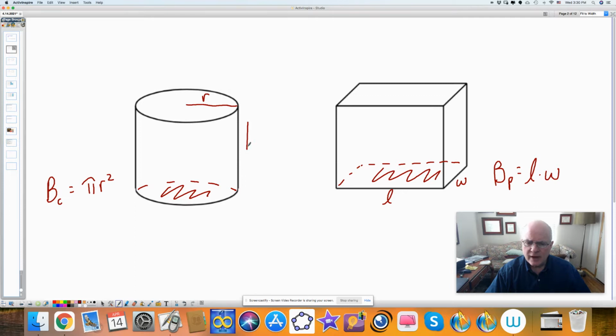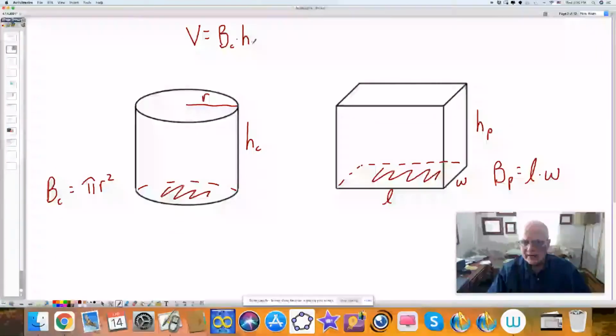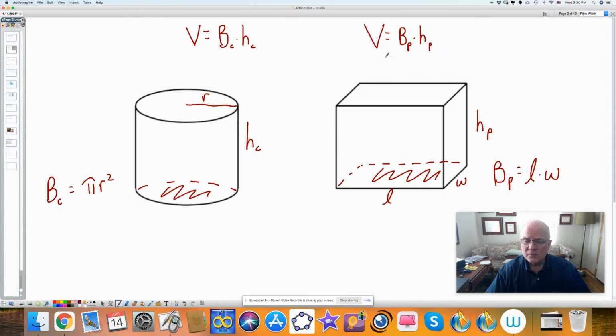Now both of these have a height, the height of a cylinder and the height of the prism. The volume is equal to the area of the base times the height. And that's true for both of these objects. They go straight up, so this would be the area of the base of the prism times its height. Well, what is the base?